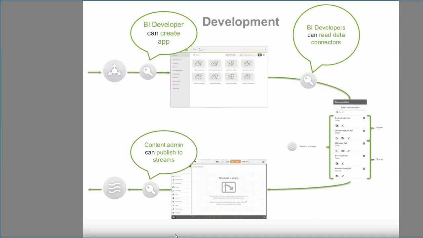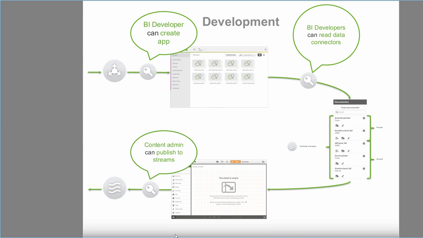So let's talk about some of the different use cases or roles when it comes to actually building out the attribute-based access control list. You could have a BI developer who can create applications.